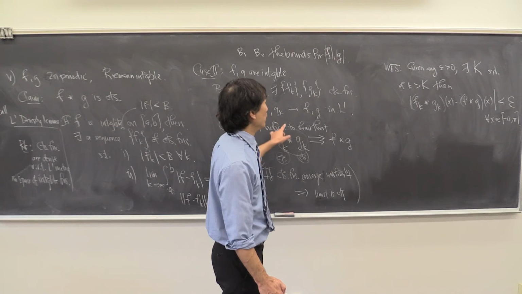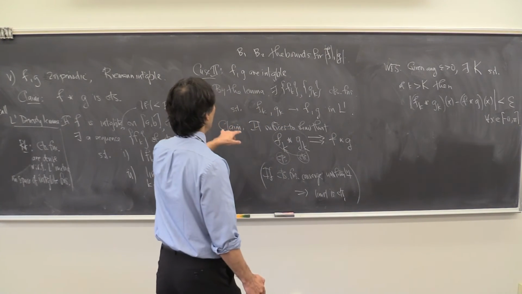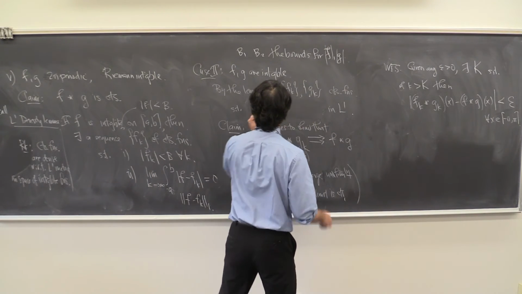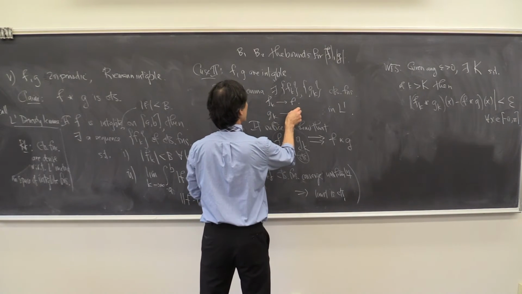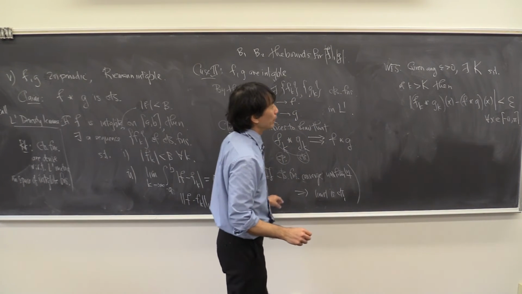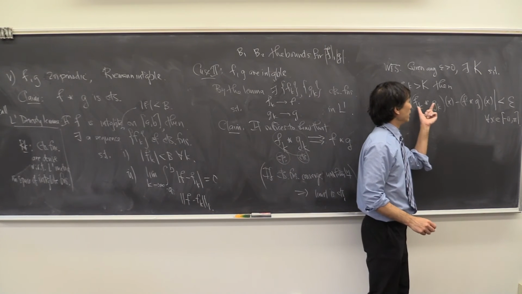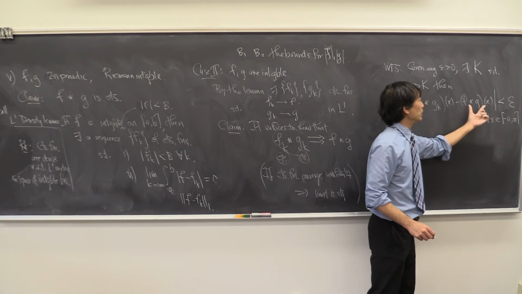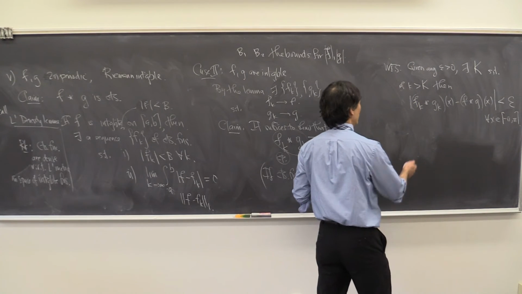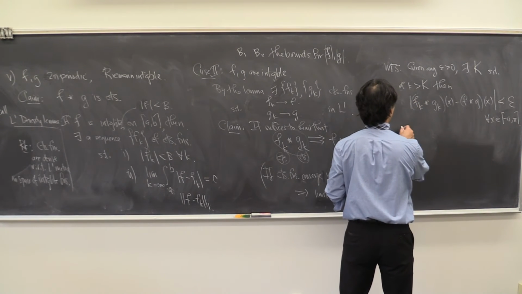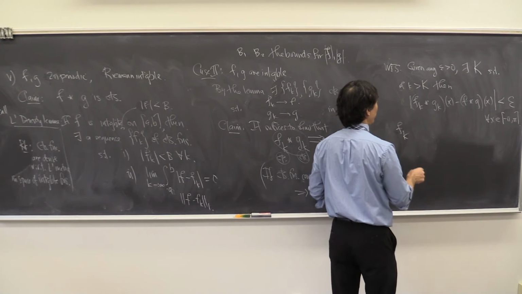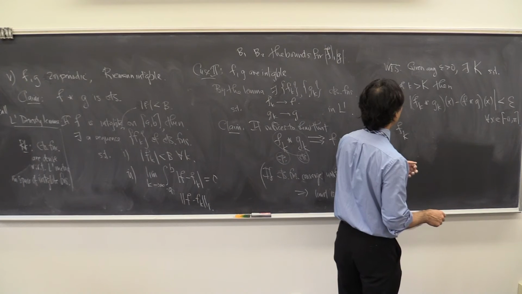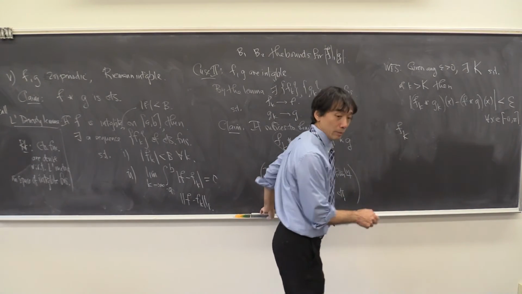Okay, so we have fk converging to f, we have gk converging to g. Here we want to show that the convolution converges to the convolution here. So the obvious move is we're going to slide in fk convolved with g.